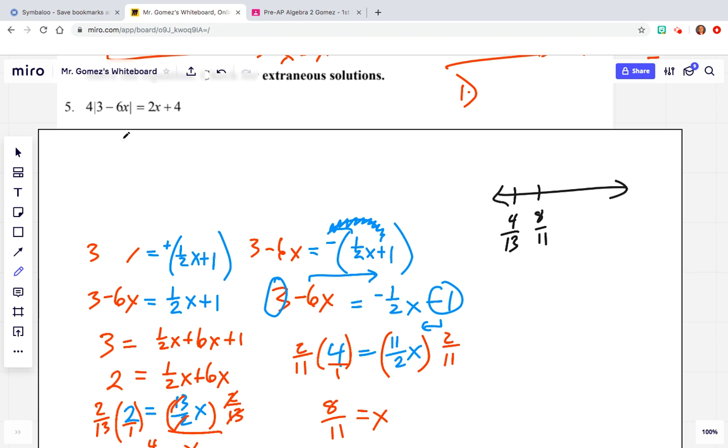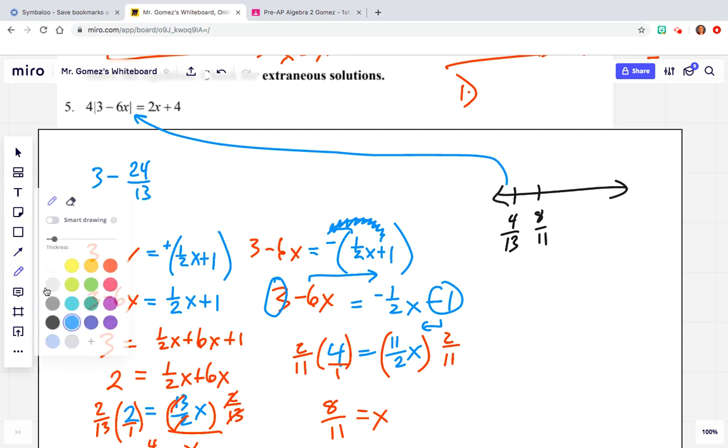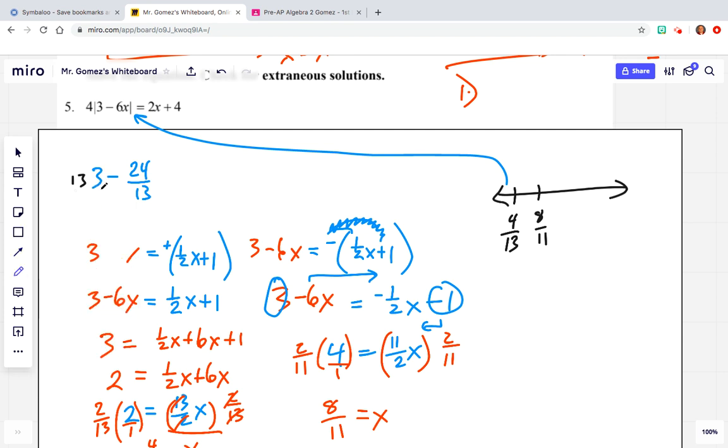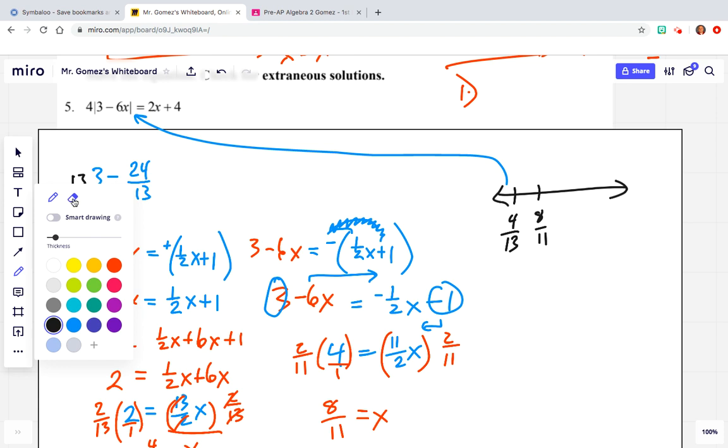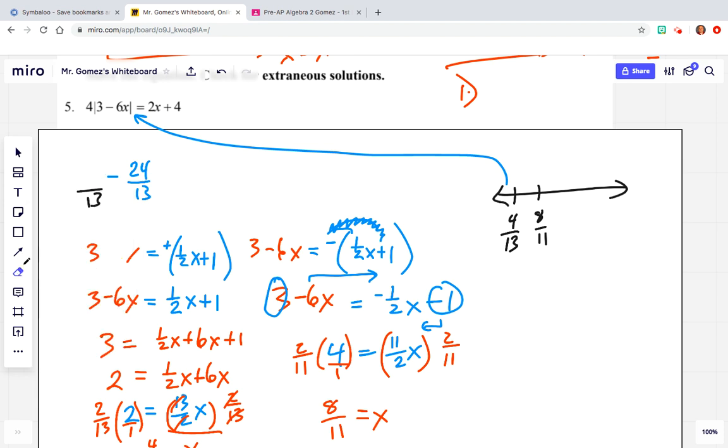So 4/13 times 6 is going to be 24 over 13. It's going to be 3 minus this. So again, I need common denominators. So I need to multiply this by a form of 1, which is 13 over 13. So I have 39 over 13 because I have a common denominator.